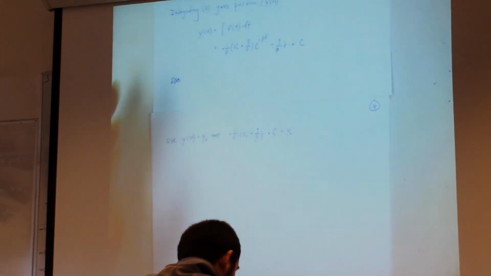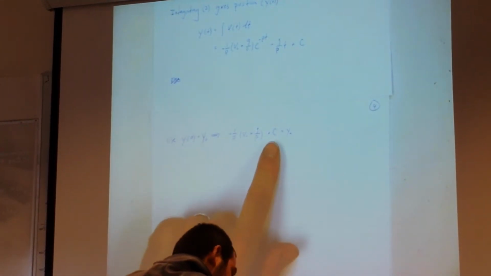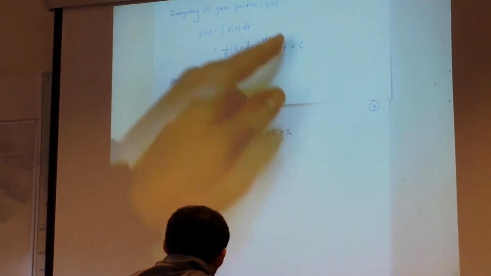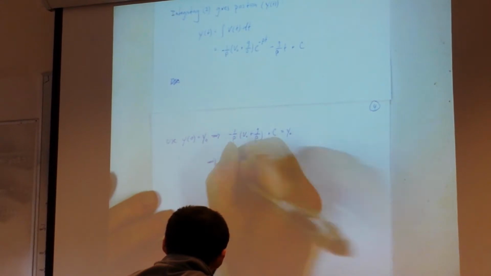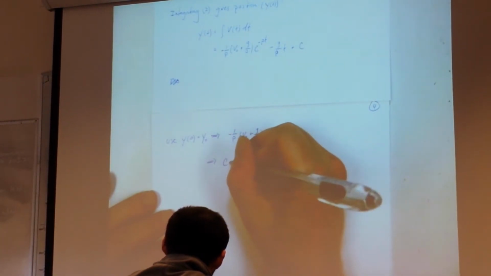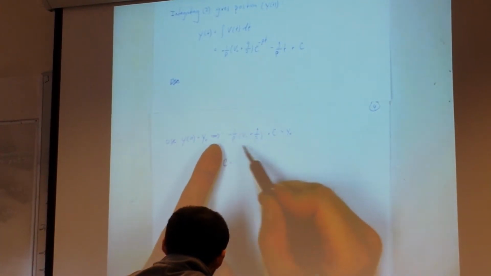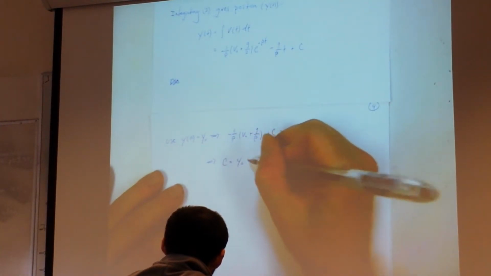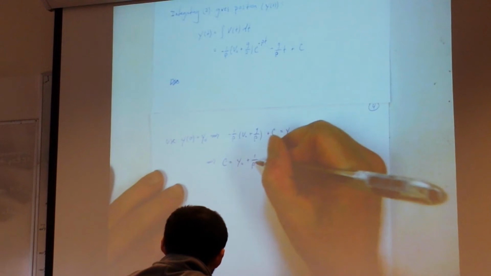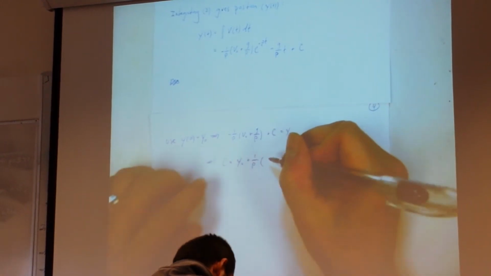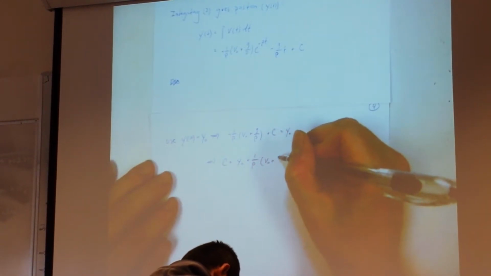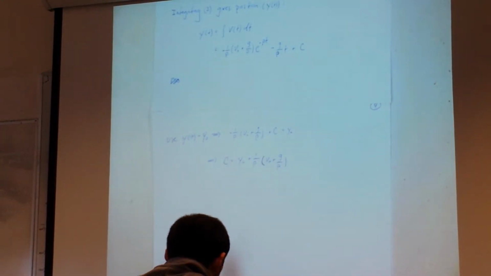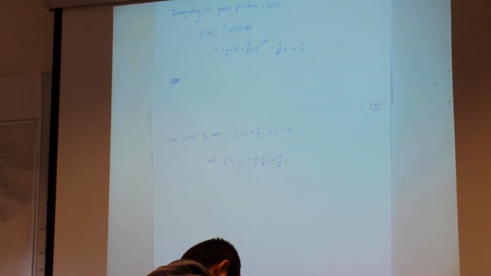Okay. Now, the one thing I want to get rid of in this equation is c. So I'm just going to solve this equation for c, and we're going to set it back in. So this gives me c equals, I'm going to add this whole term over the other side. It's going to be y naught plus 1 over rho, v naught plus g over rho. Okay, now substitute that back into the equation.